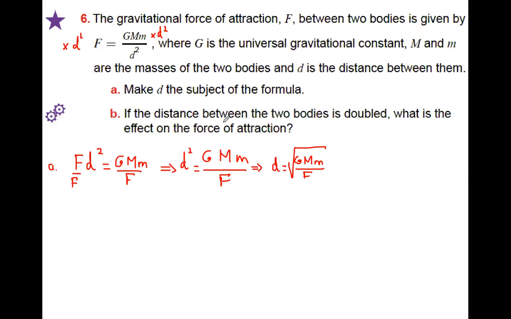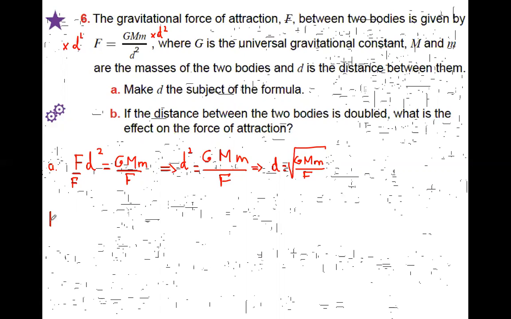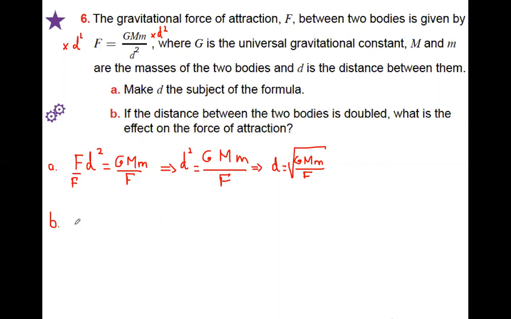Remember, we were looking at doubling something. What is the effect on the force of attraction if we double the distance? So that's question B. They've told us to double the distance.